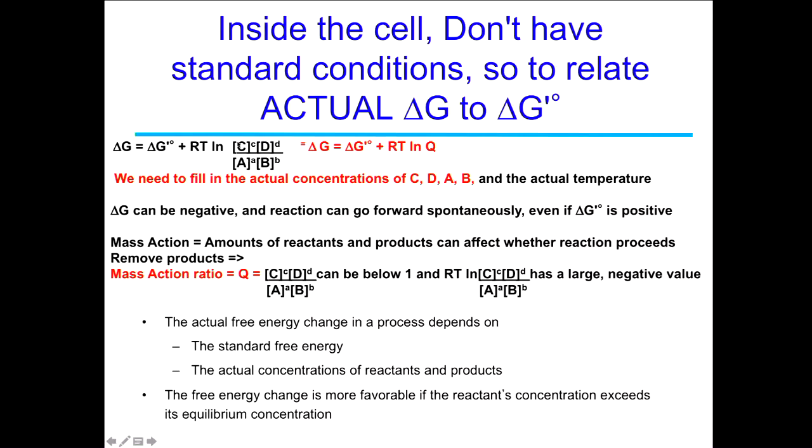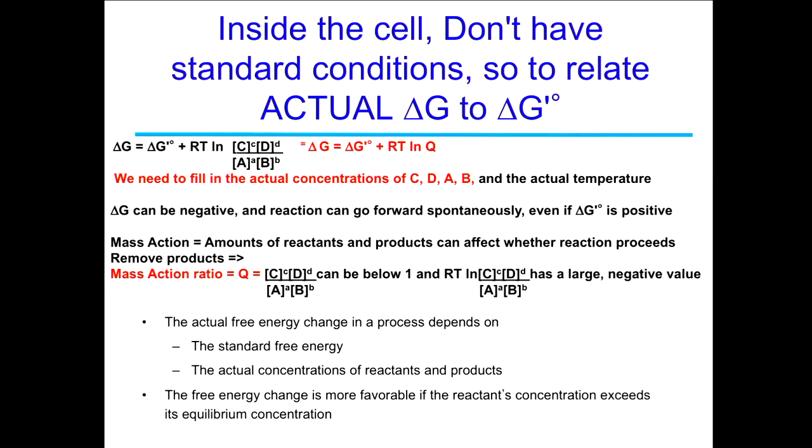So that's nice. You can do the homework problems and everything, but even more importantly to our cells is that the actual free energy change of a reaction can be negative, and the reaction can go forward spontaneously even if we have a delta G prime 0, or a standard free energy change, that's positive. Okay? So positive free energy change, remember, means we need to put in some energy to get it to go.